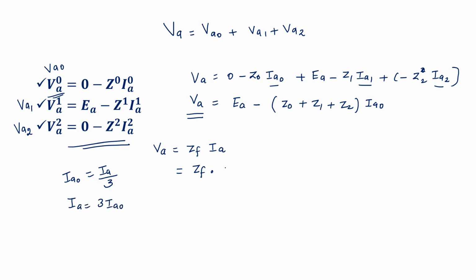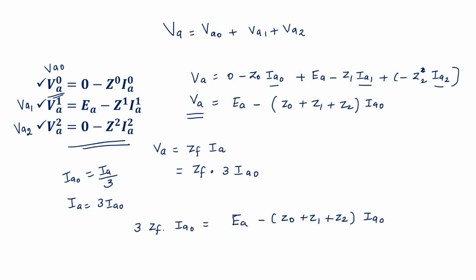I have to substitute the value here, 3 into Ia0. So instead of Va, I substitute 3 into Zf into Ia0, that is equal to Ea minus Z0 plus Z1 plus Z2 into Ia0.